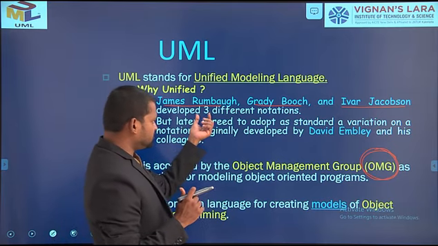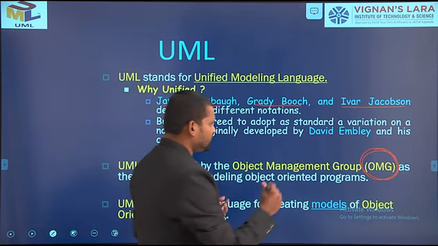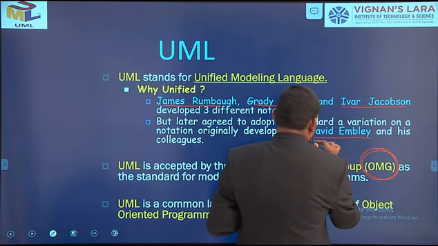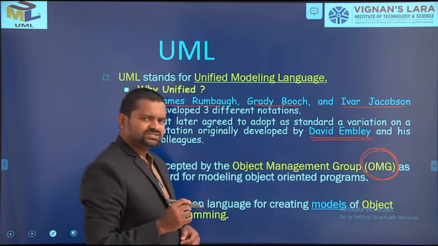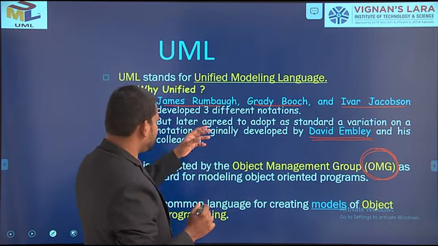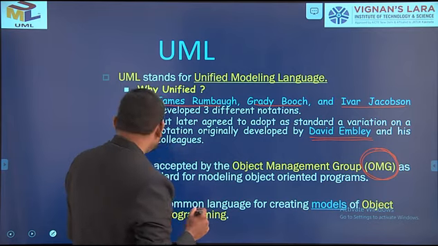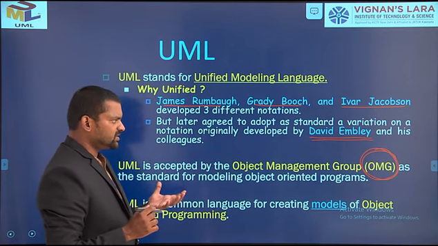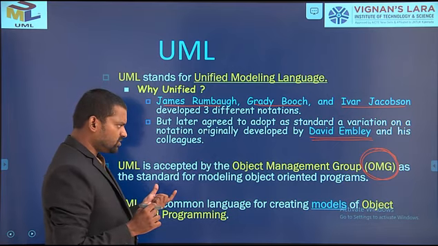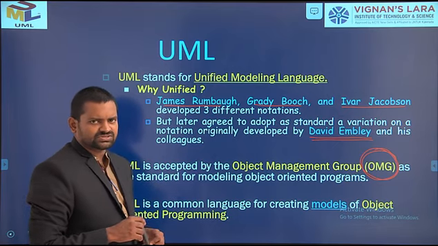With the help of these three people and David Embley, the common mechanisms of UML were developed. So UML was accepted by the Object Management Group as a standard for modeling object-oriented programs.